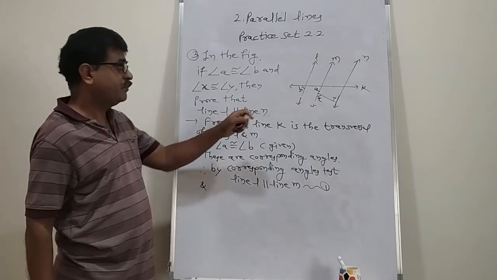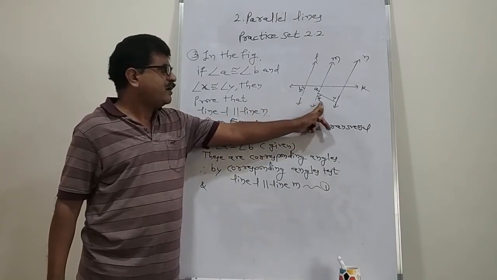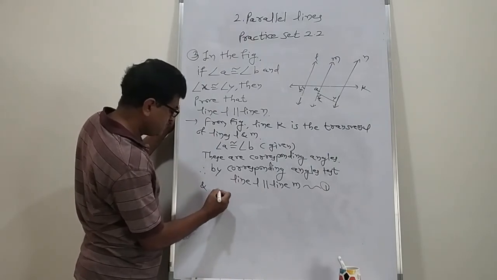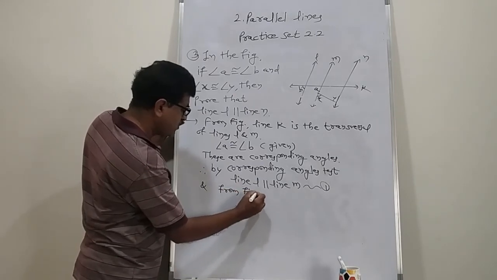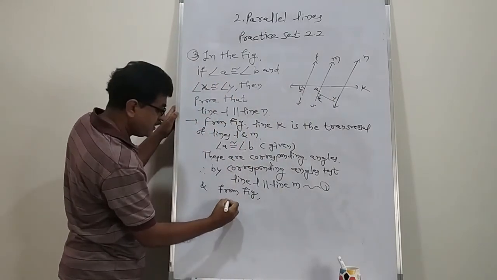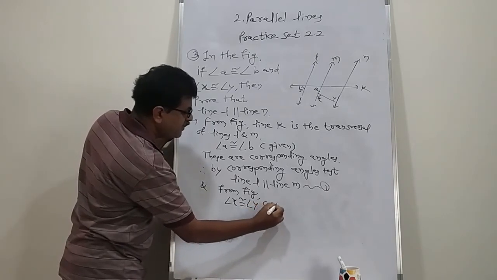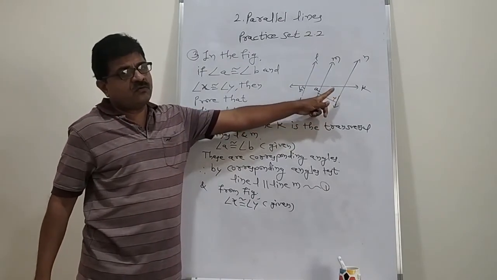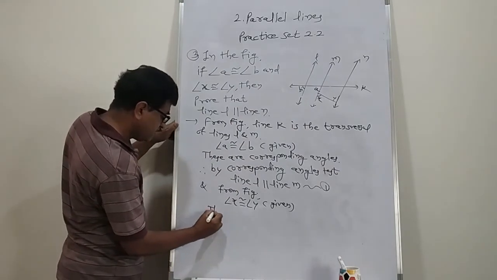And from the figure, we have given angle X congruent to angle Y. Now these are alternate angles.